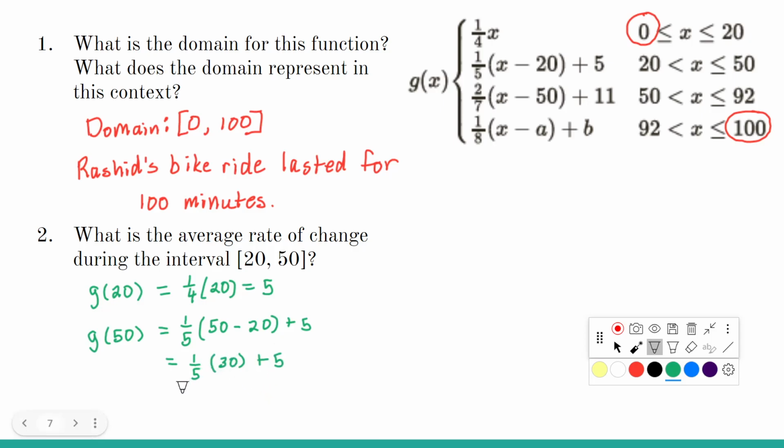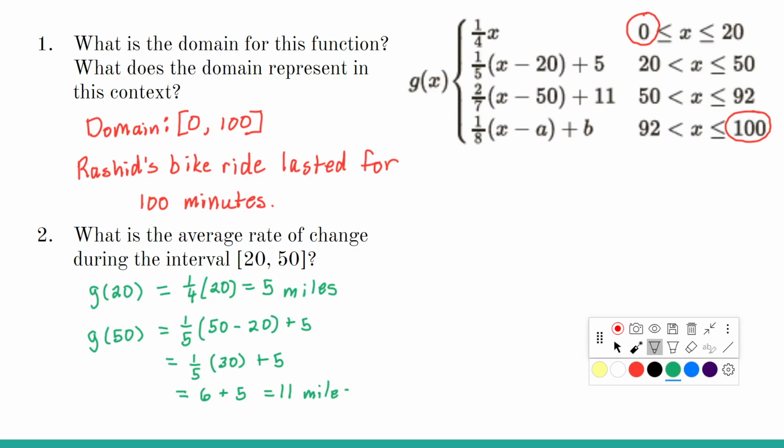Well, 1/5 of 30 is 6 plus 5 gives me 11. And these are actually distances. So at the end of 20 minutes, Rashid has biked 5 miles. At the end of 50 minutes, Rashid has biked 11 miles.